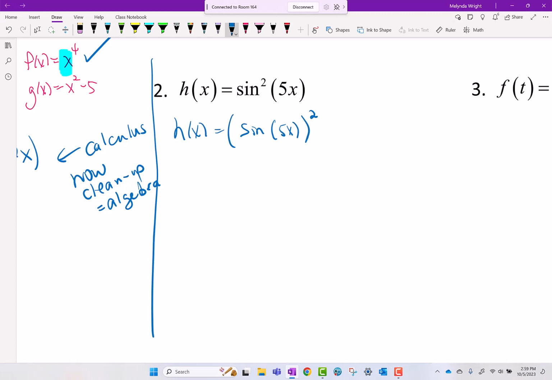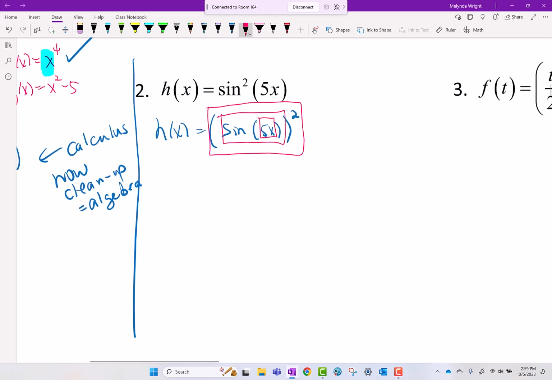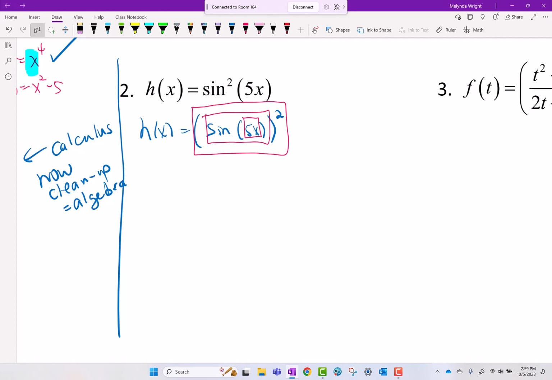Now I'm going to do the boxes so that we can determine how many layers we have. We have this outside layer, we have sine, and then we have the 5x. So this is 3 layers. If we wanted to list the layers, again, you don't have to do this.